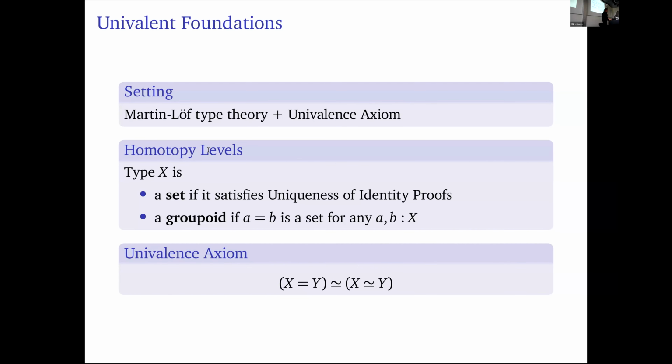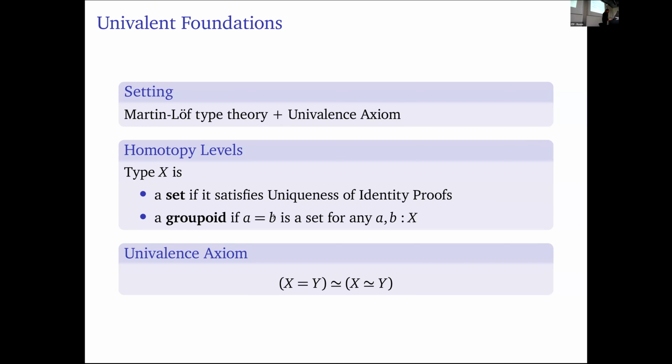We call a type X a set if it satisfies the uniqueness of identity proofs. Of course, we do not assume axiom K in Martin-Löf type theory, so not all types are sets. We call a type a groupoid if all the identity types are sets, that is, if for any A and B, the identity type A equals B is a set.